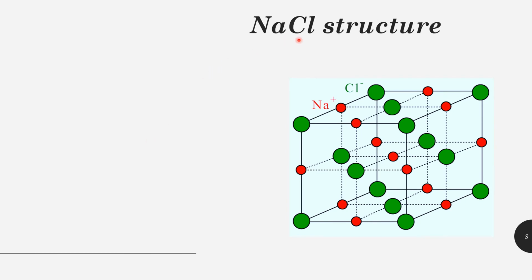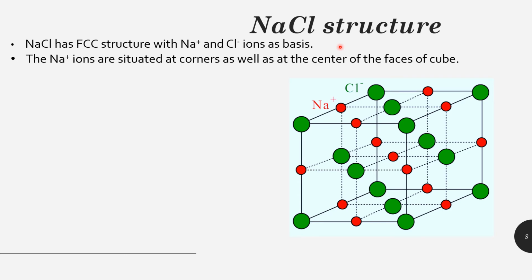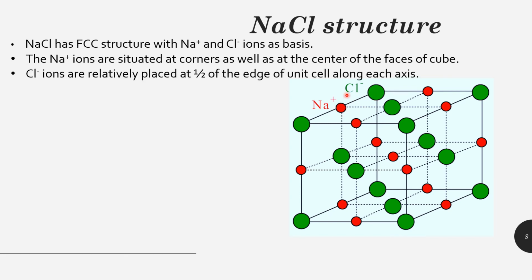Next is the sodium chloride structure. Again, it is made up of two FCC structures. The red one is the sodium atom and the green one is the chlorine atom. The chlorine atoms are placed at half of the edge of the unit cell along each axis.